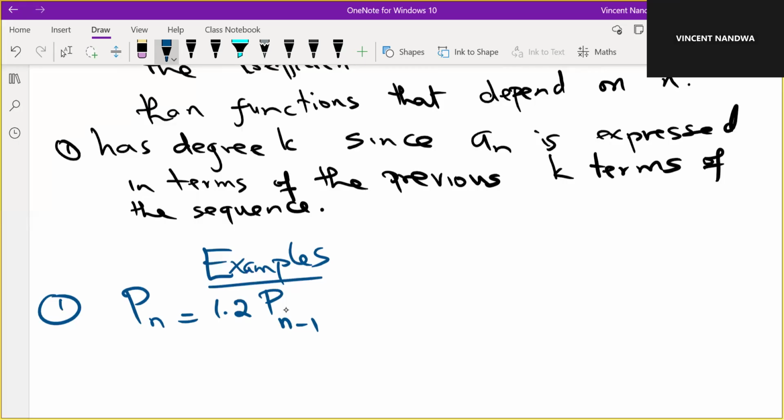Linear, correct? Does it have constant coefficients? Yes or no?